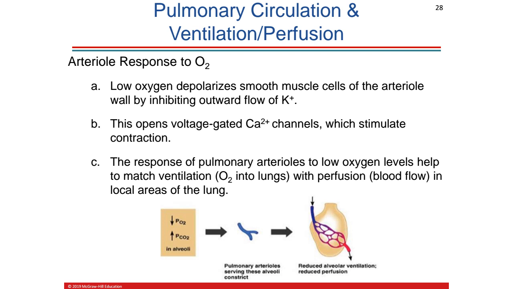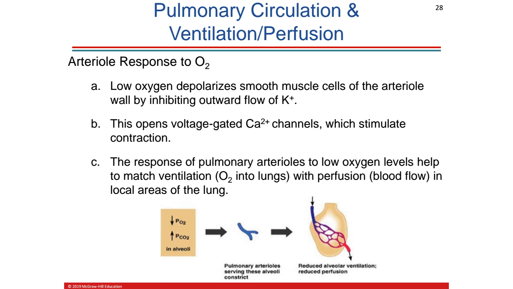Because you have other channels, like sodium leak channels, that would allow sodium to flux into the cell and depolarize it. Now, depolarization will lead to the opening of voltage-gated calcium channels, and calcium will enter into the smooth muscle cell, which then stimulates it to contract.